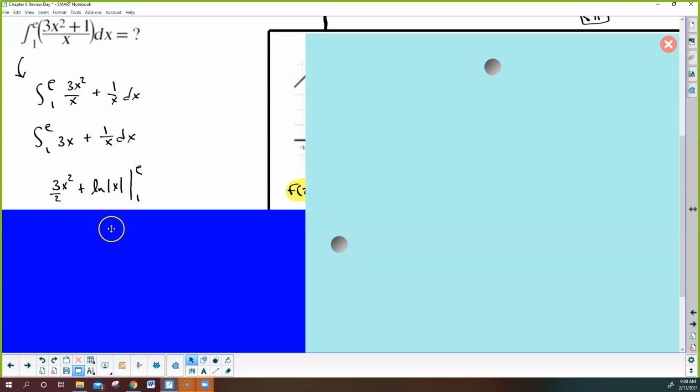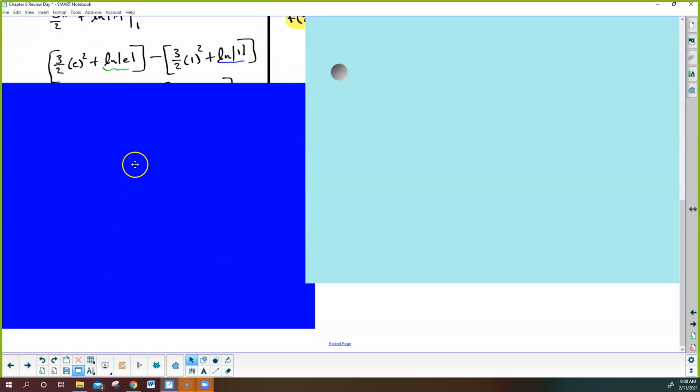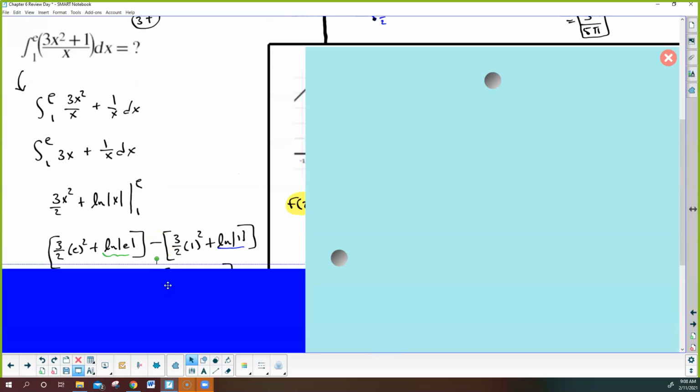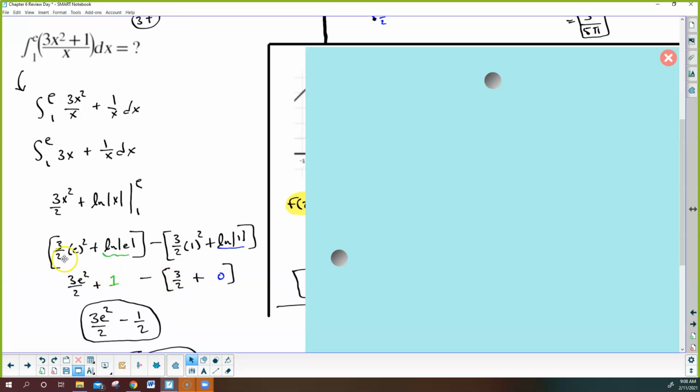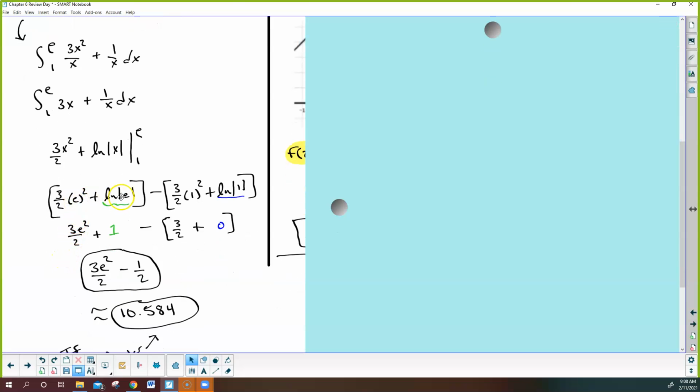And then we're going to plug in e to both spots. Plug in e for both x, and then we're going to subtract, plug in 1. And what they're testing on this part is, do you know that the natural log of e is 1, and the natural log of 1 is 0?